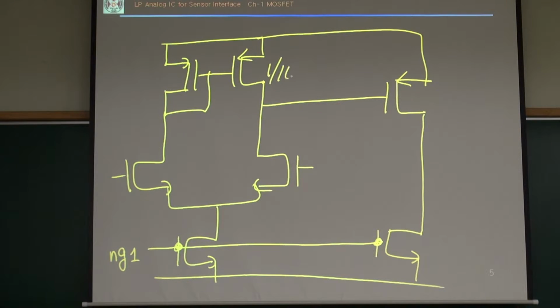This is 1 by 10, this is 10 by 10, 20 by 0.7.